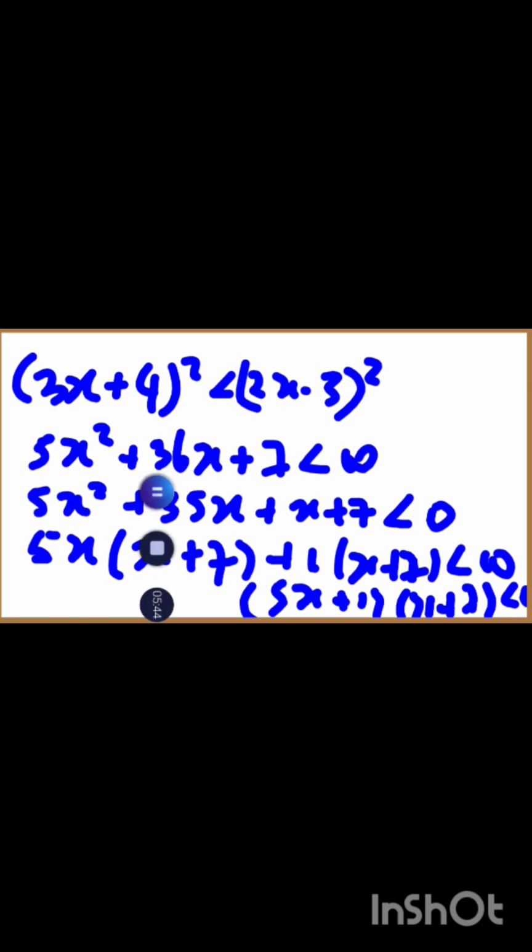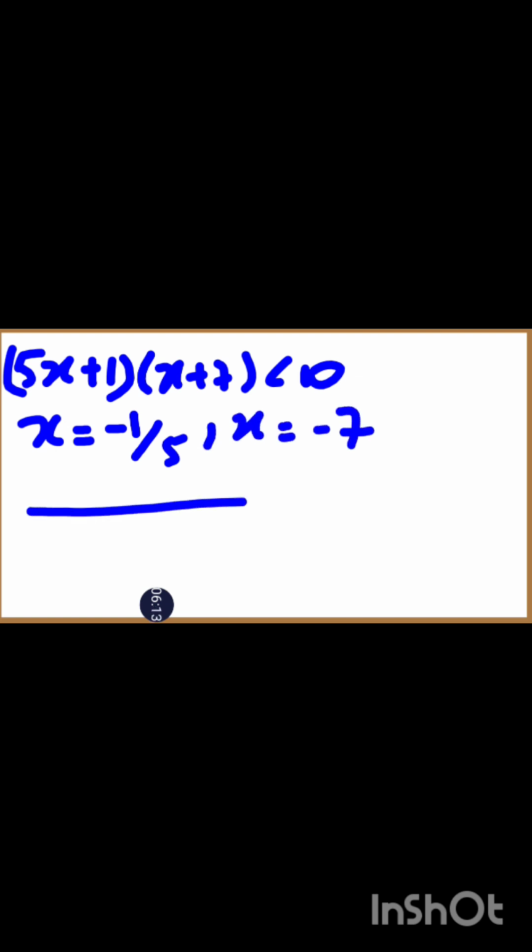Okay. Now for us to solve that, since we have (5x plus 1)(x plus 7) less than 0, we obtain our critical values.